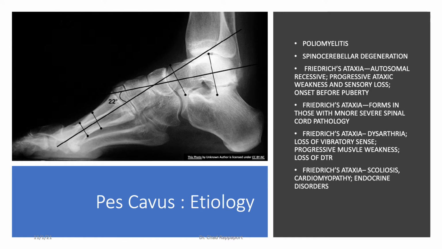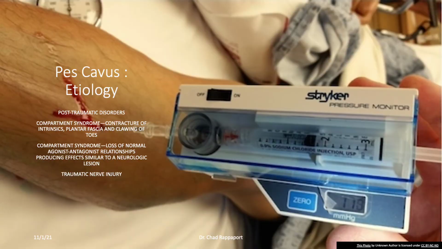Other causes of a Pes Cavus deformity are poliomyelitis, spinocerebellar degeneration, and Friedreich's ataxia. Post-traumatic disorders can sometimes produce a Pes Cavus foot, particularly compartment syndrome, where there's a contracture of the intrinsics and the plantar fascia, and resultant clawing of the toes.